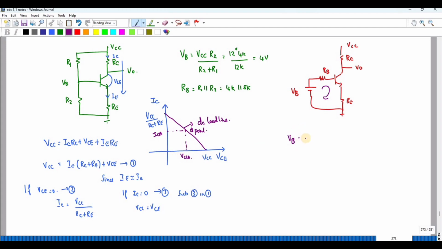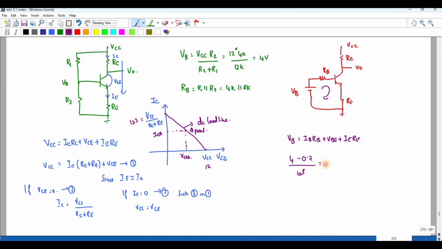VB is equal to IBRB plus VBE plus IERE. Here the VB value is 4, and generally the IB value is very small, so you can neglect this term. VBE is given as 0.7, and we know that the value of RE is 10 power 3.